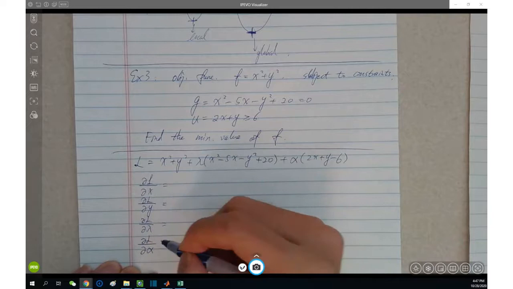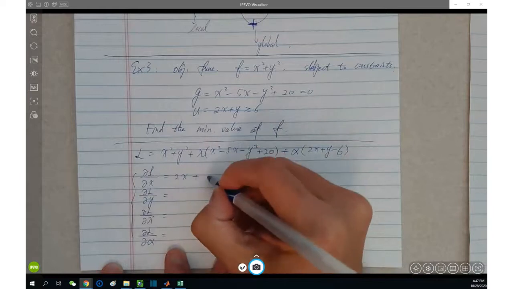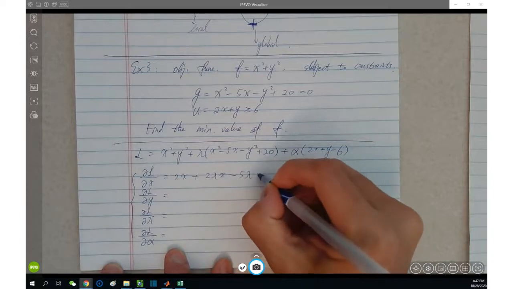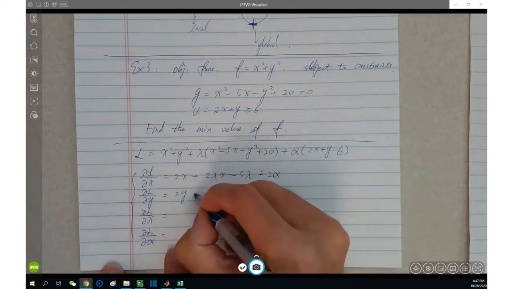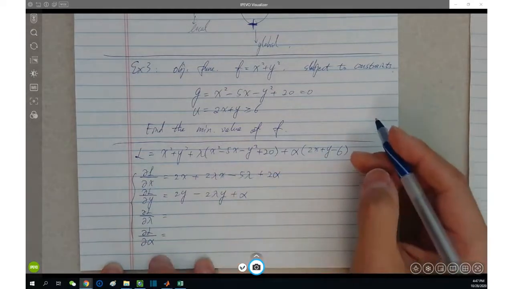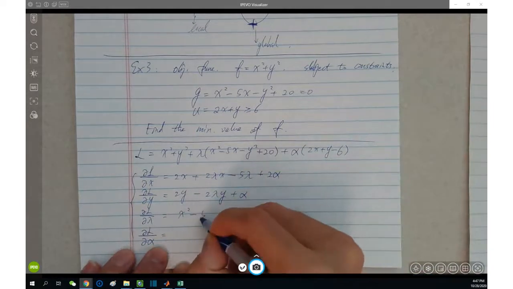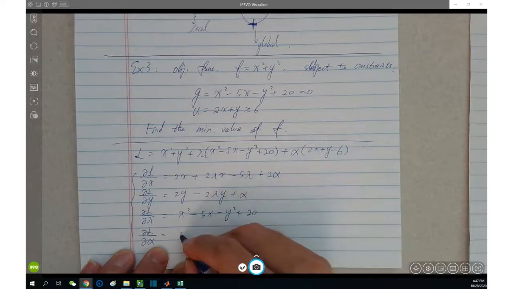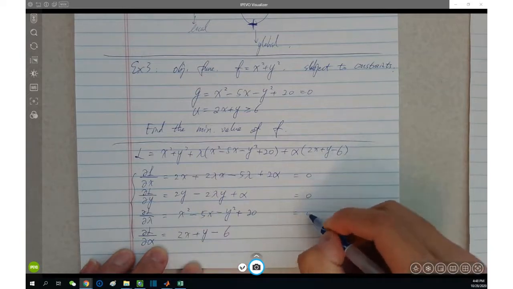Right, so 4 equations, and respectively: 2x plus 2 lambda x minus 5 lambda plus 2 alpha, and 2y minus 2 lambda y plus alpha, and then here we have x squared minus 5x plus 20, and here is 2x plus y minus 6, each equal to 0.